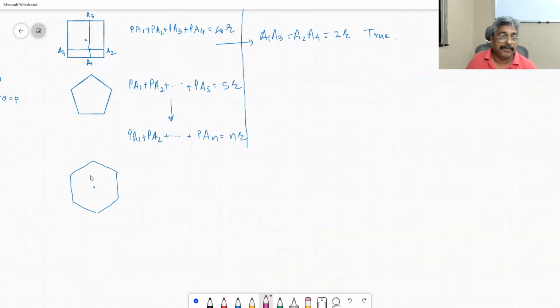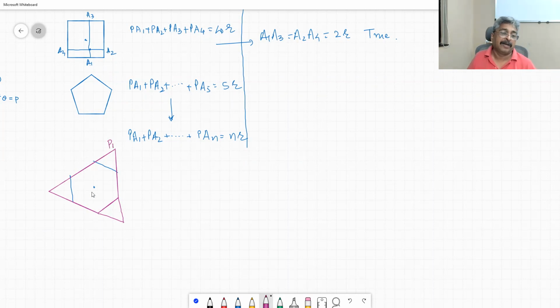Here the trick that we will use is we will extend these sides, and those are going to be equilateral triangles because it is a hexagon. So I consider this as the first orientation of the equilateral triangle, and suppose this is PA1, from anywhere, not from the center.